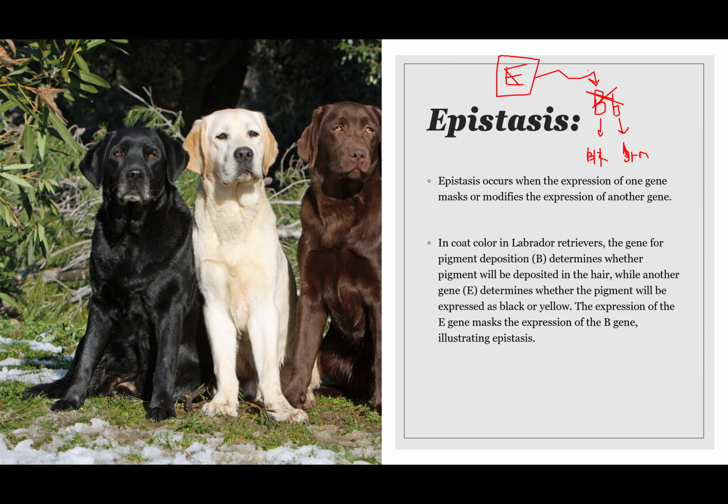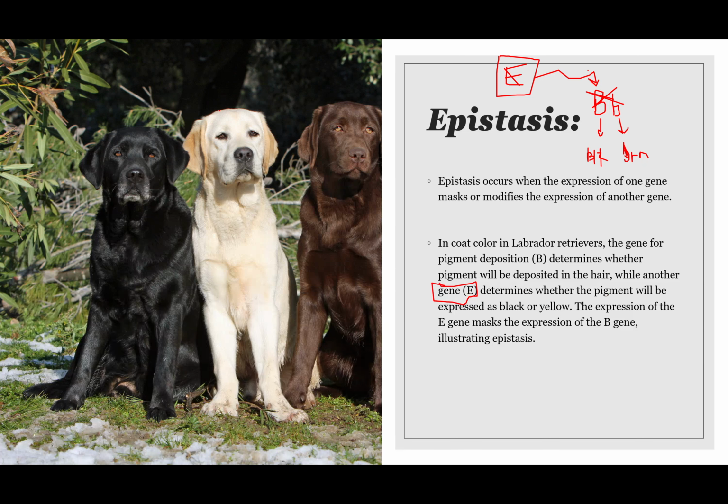So in this case with these Labradors, one is a black coat, large B, one is a brown coat, small b. But if the gene E is present, what's going to happen? Gene E determines whether or not the pigment will be black or yellow.